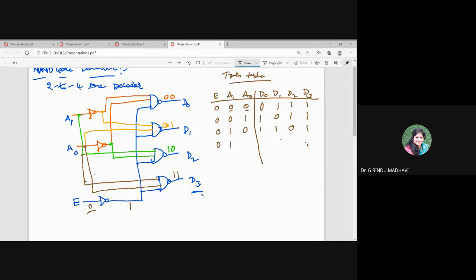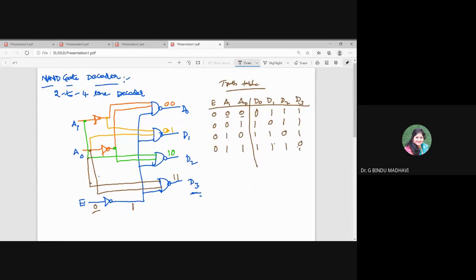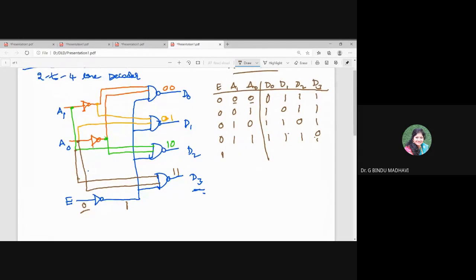Then 1 1, D3 is selected and remaining all are ones. Next, if E equal to 1, what happens? No inputs will be supplied, and all outputs are ones.